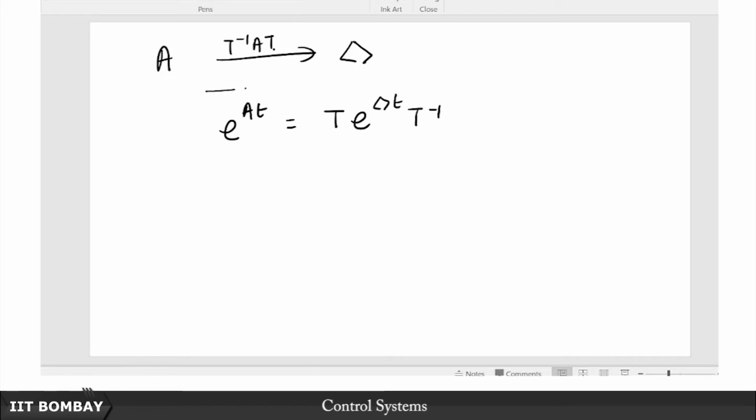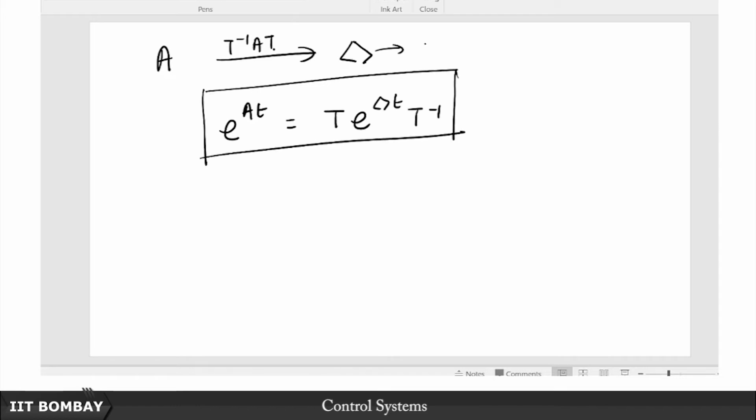So this is exactly how we plan to go about this. This gives us a hint: if this lambda matrix is diagonal, that is, if a matrix is similarly diagonalizable through a similarity transformation, then all that we need to do is to evaluate this, and this we have seen is very easy. Once you have the diagonal matrix, you take sI minus lambda and take its inverse.